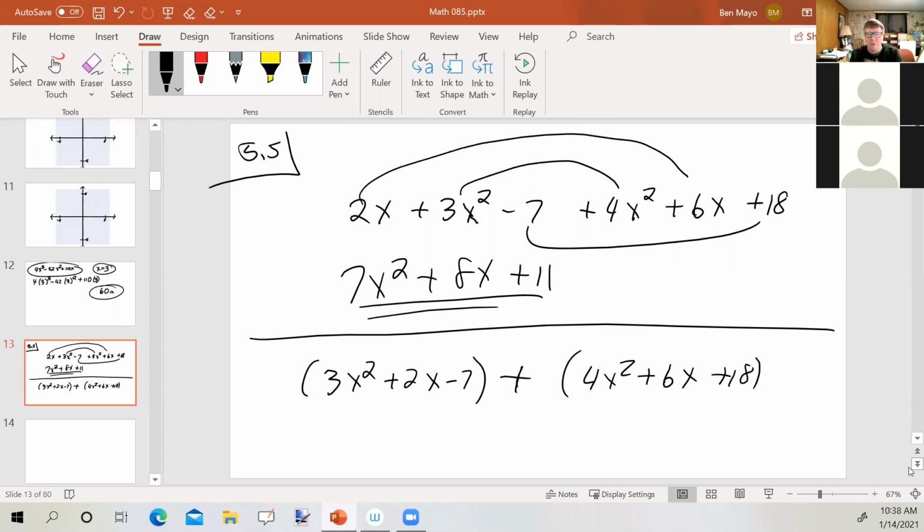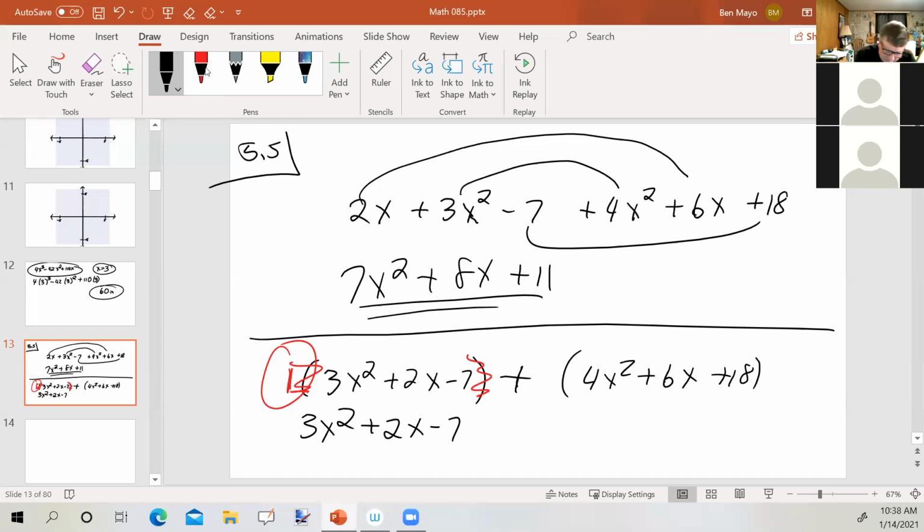If you have a set of parentheses and there's nothing out in front of it, that also means there's an implied 1 out in front of it. And if you distributed that 1, basically what you would get is what's inside the parentheses. So you'd get 3x squared plus 2x minus 7, okay?